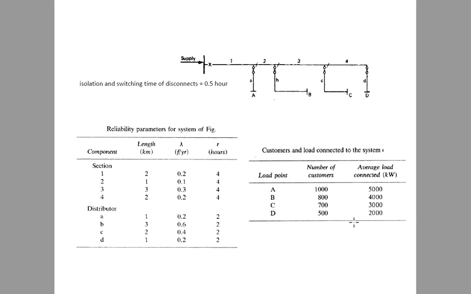And this is the detail about the load: the number of loads connected at each load point, and the average load demand at each load point. One more parameter given here is the isolation or switching time of disconnects. This disconnect will operate in 0.5 hour. When any fault occurs, to disconnect the faulty section from the supply end, it requires 0.5 hours. So this additional data is given here.